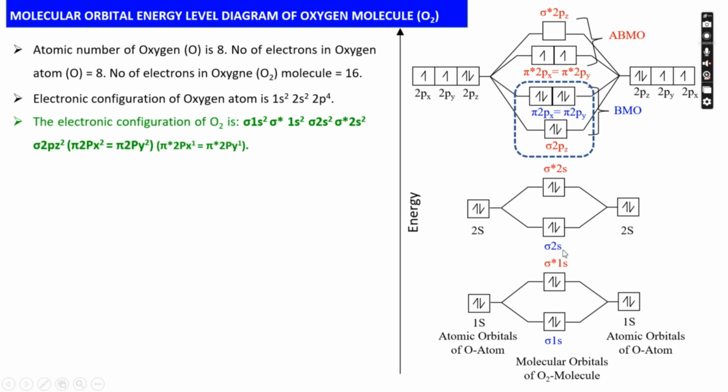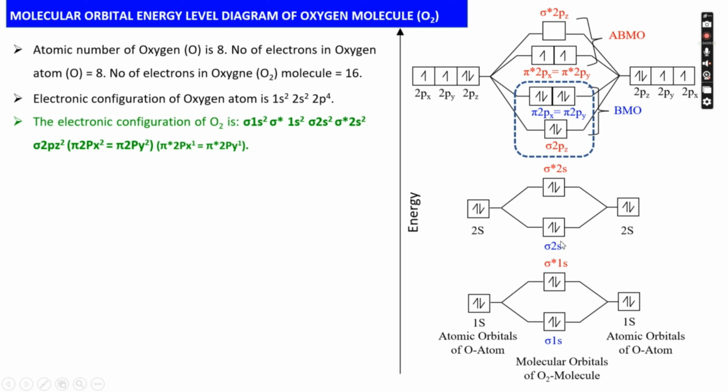After construction of the molecular orbital energy level diagram, MOED, we can write the electronic configuration of the O2 molecule. From bottom to top we should write, since energy increases from bottom to top, so initially we start from here. This is the sigma 1s molecular orbital with two electrons, therefore sigma 1s2. After this, higher energy is for sigma star 1s, so sigma star 1s2.